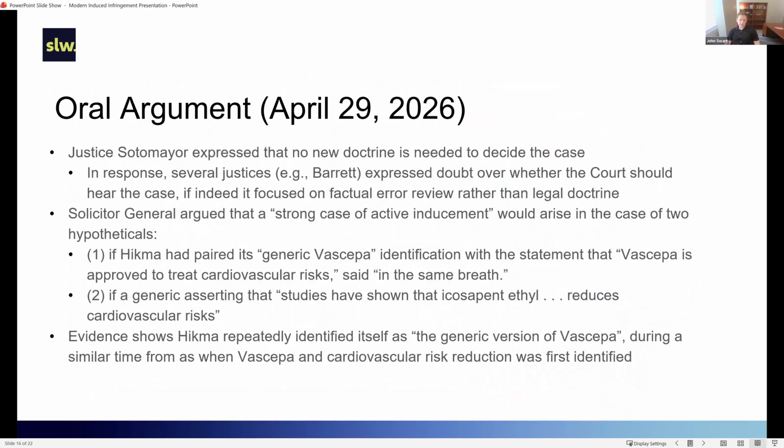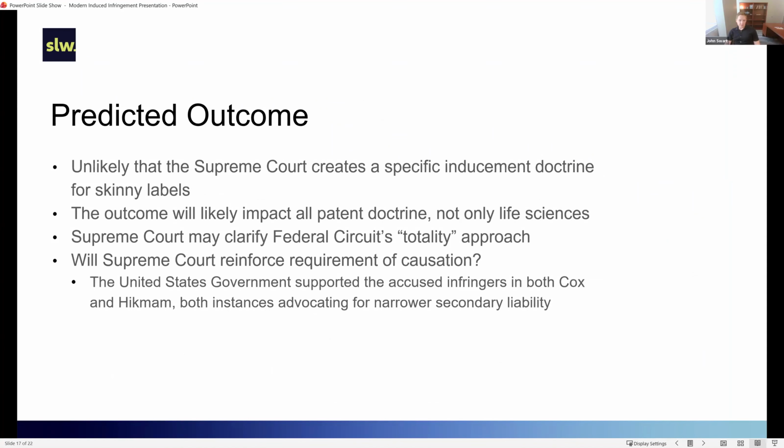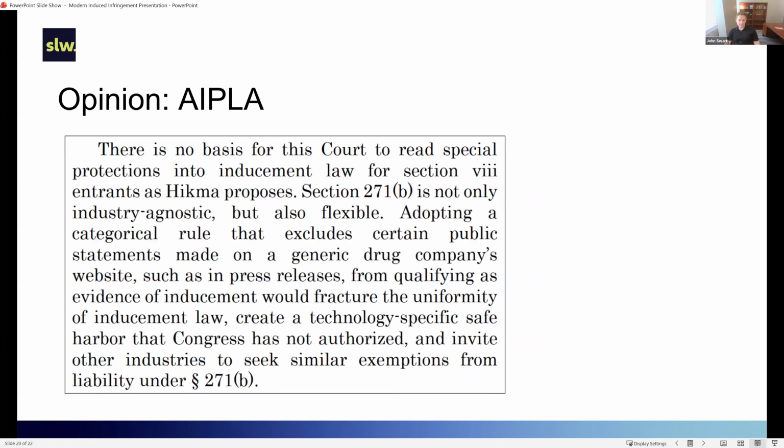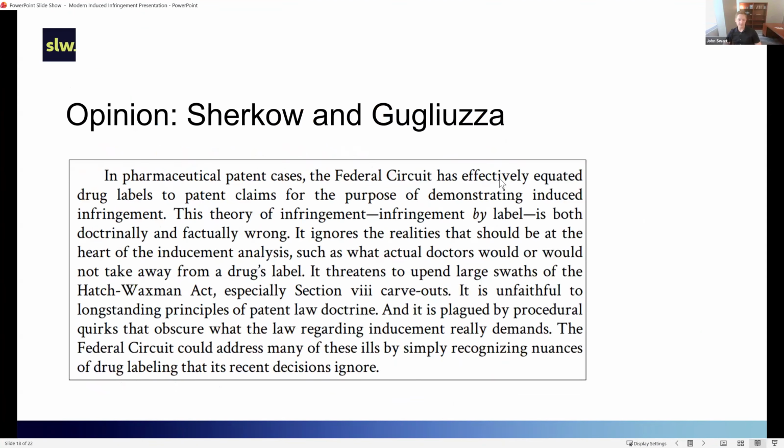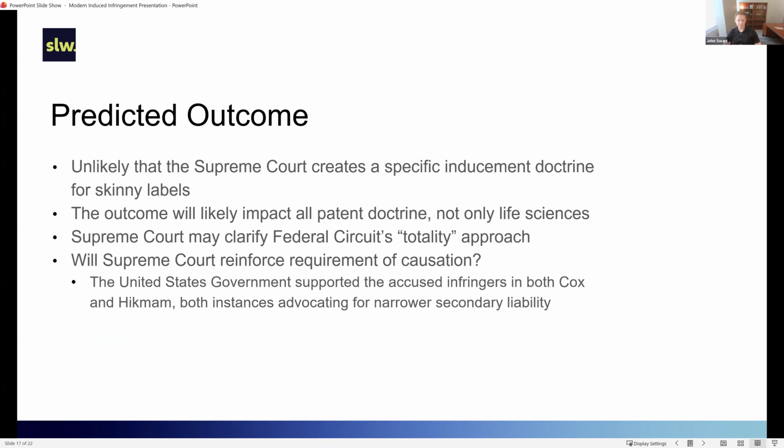But on the other hand, I think it's possible and maybe even probable that the Supreme Court, as they sit right now and as they've decided recently, would not want to create any sort of passive induced infringement doctrine that could be applied to other practice groups and other technologies.